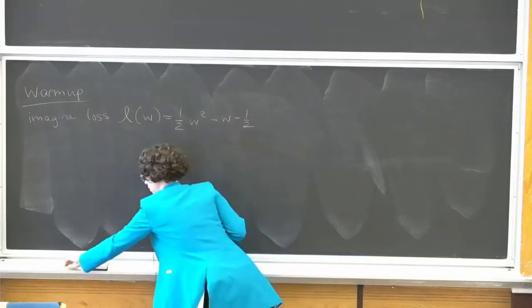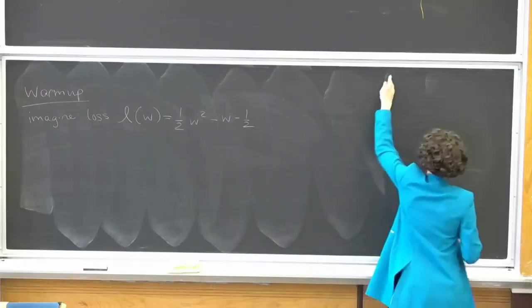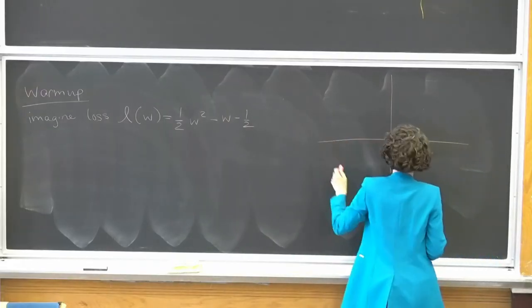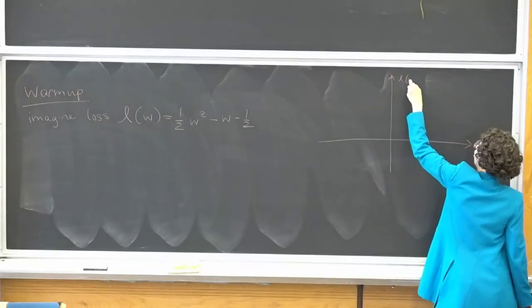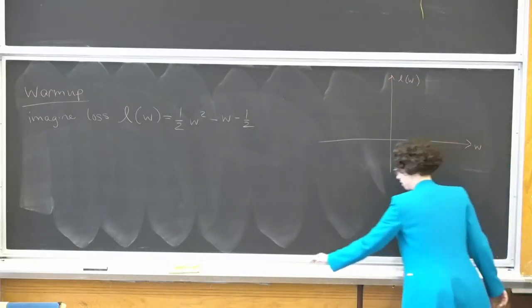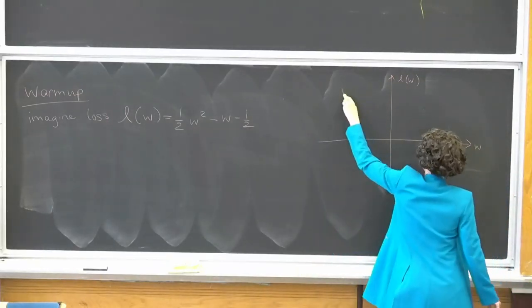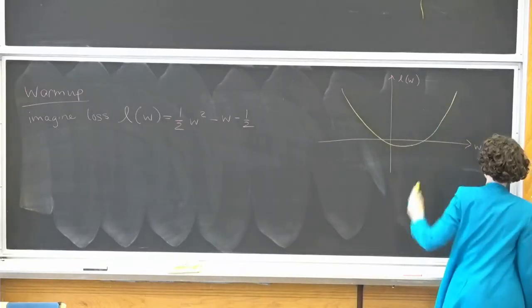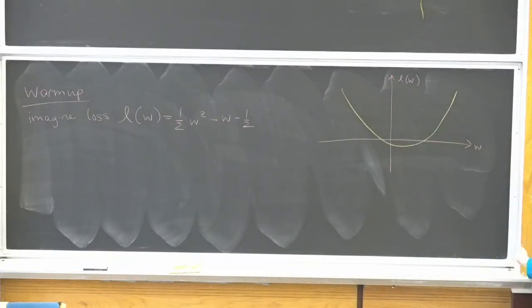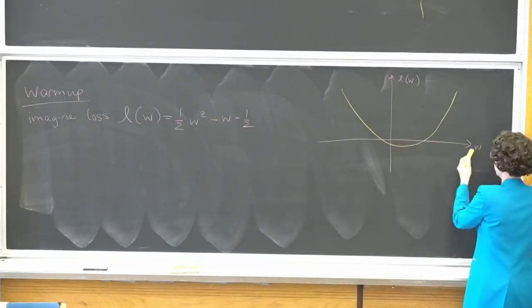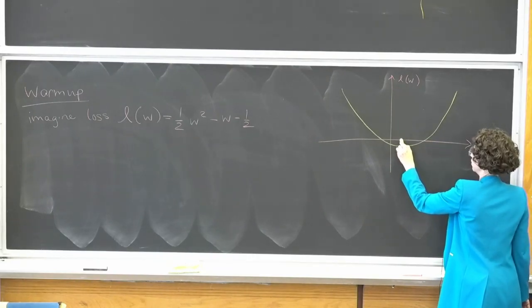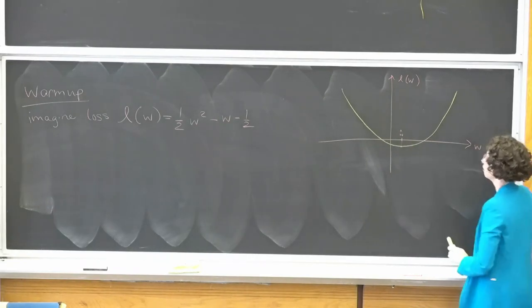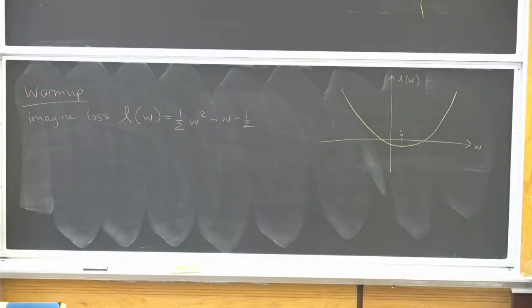And we can make a plot of this function. So on this axis, we've got W, and on this axis, we've got our loss associated with W. And it looks something like this. And we want to find the value of W for which this is as small as possible. So here's the minimum, and this is the W hat here that we are going after, the minimizing value of W.